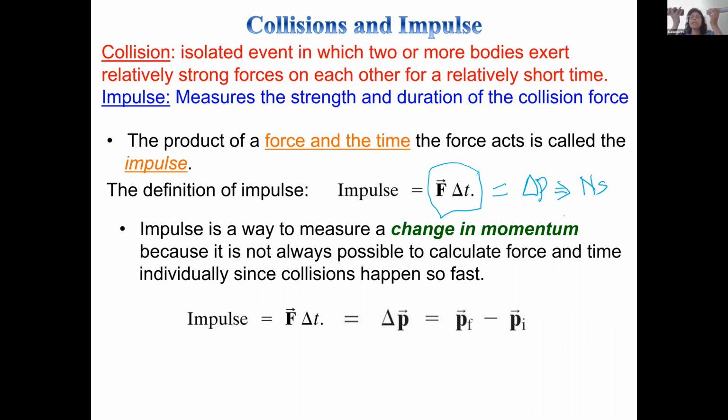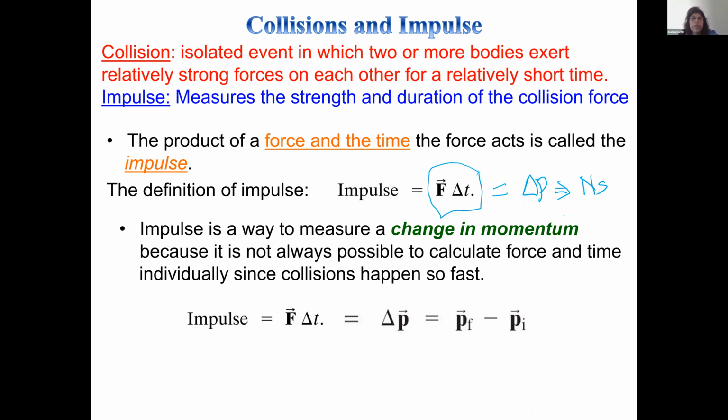But if I ask you to calculate the impulse, I am basically asking you to calculate the impulse on one object only. That impulse will be the same for the other object. So you just need to calculate the impulse for one object, not the system of objects hitting each other. Individually, you need to calculate them.